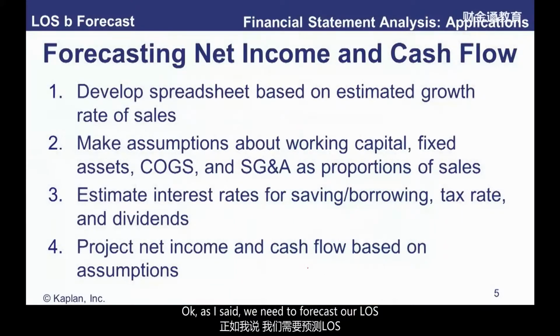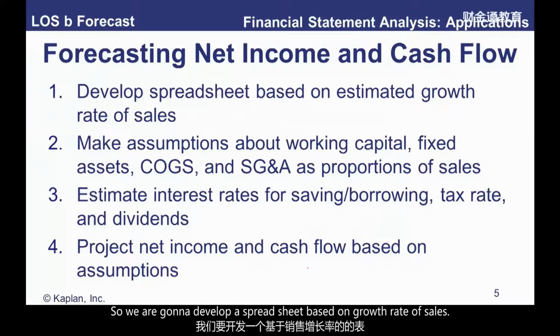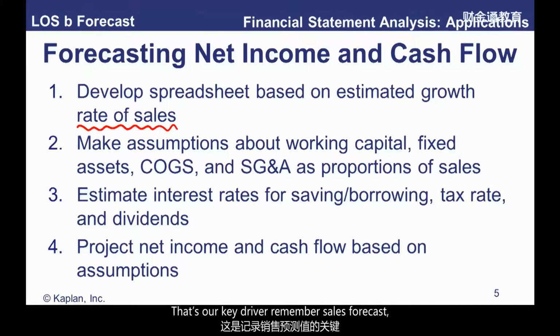Okay, so as I said, our LOS asks us to forecast both net income and cash flow. So we're going to develop a spreadsheet based on growth rate of sales. That's our key driver, remember, sales forecast. That's the first thing we need to start with, that top-down approach, economy, industry, firm. Now, what we're then going to do is make assumptions about our ratios in relation to sales.